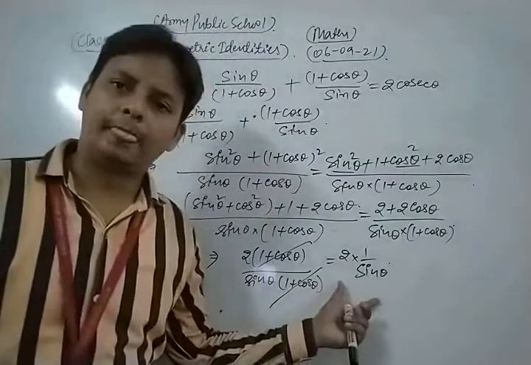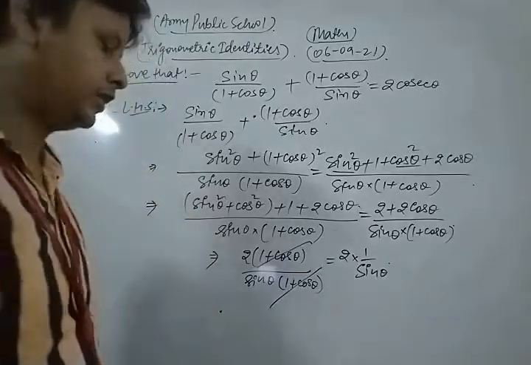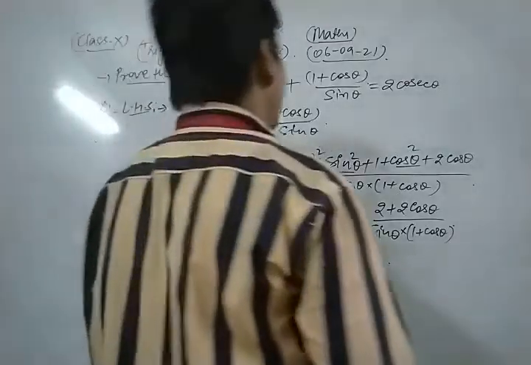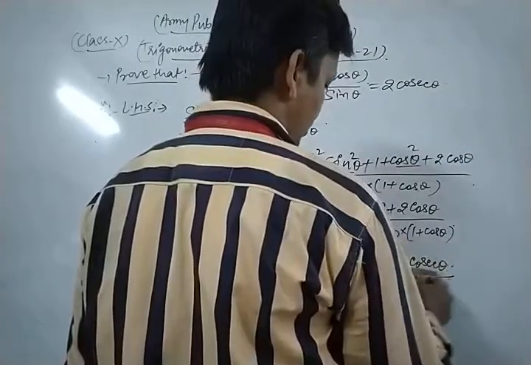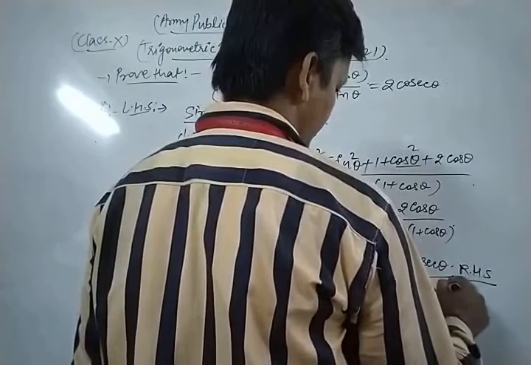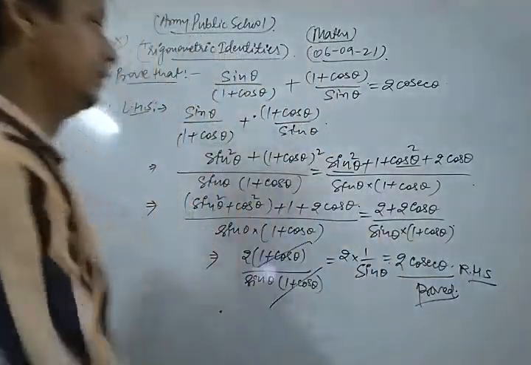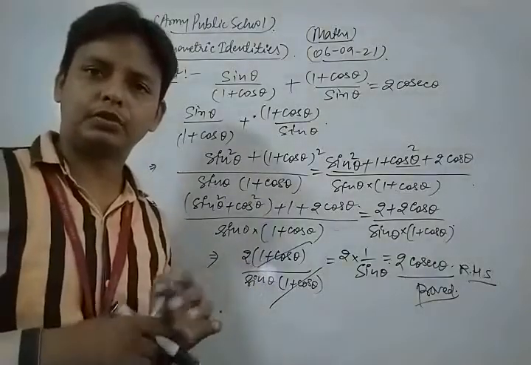So you know, dear friends, 1 upon sin theta is cosec theta. So here we can write 2 into cosec theta. This is your RHS, hence proved. So dear friends, this is the process to prove this type of question. This is very easy.